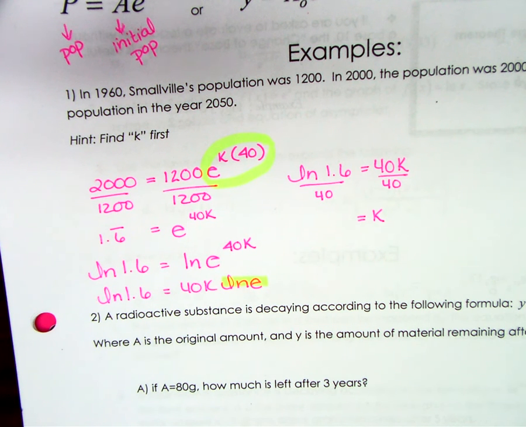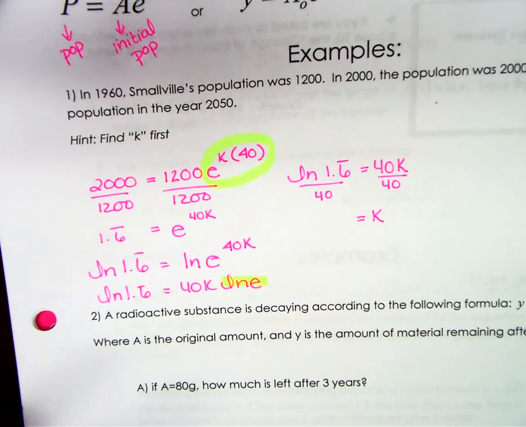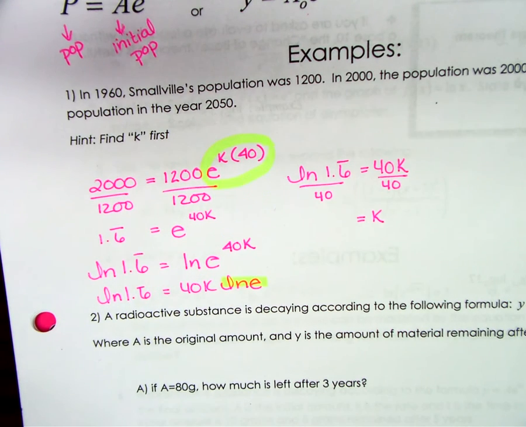Okay, so here's the thing, ladies and gentlemen. It's 1.6 repeating. I need to go back and do that in my calculator better. Okay, yep, but we need to use all the decimal places.